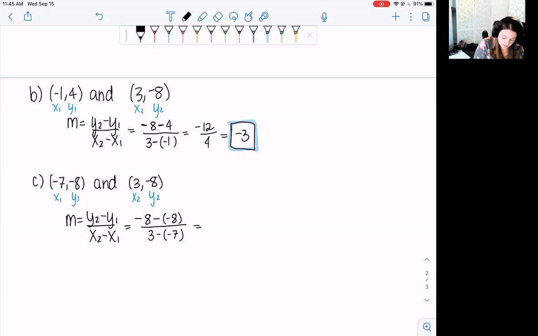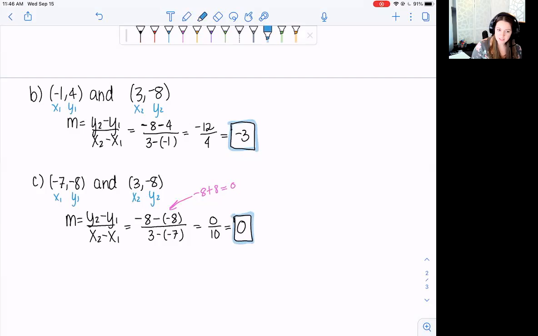So this guy right here is going to be -8 plus 8, which will be 0. So you'll have 0 over 3 plus 7 is 10. But 0 over anything is just 0, which is fine. The slope on this guy is 0.